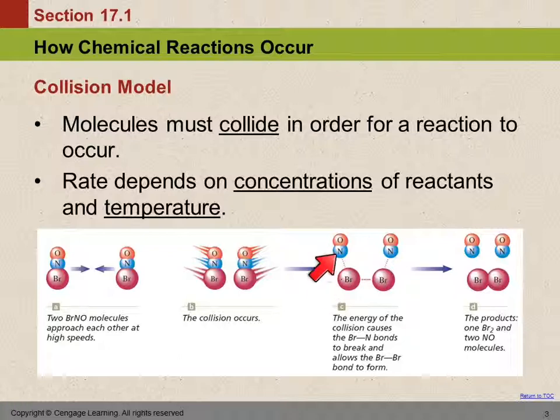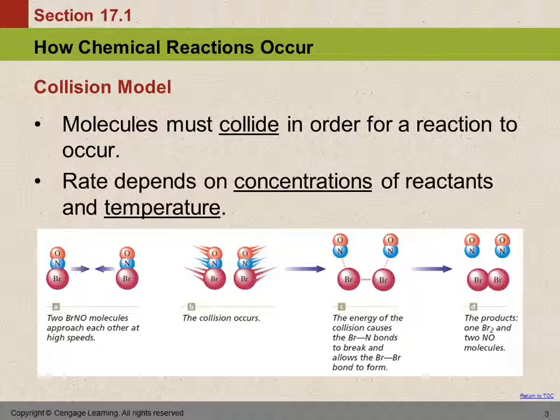So the bromine-nitrogen bond will break from the force of collision on both of these, and then we'll get a new bromine-bromine bond that's formed. And then here we have our products. This is just an illustration. You don't need to know what these are named. We haven't learned that. You don't need to know that these react in that way.